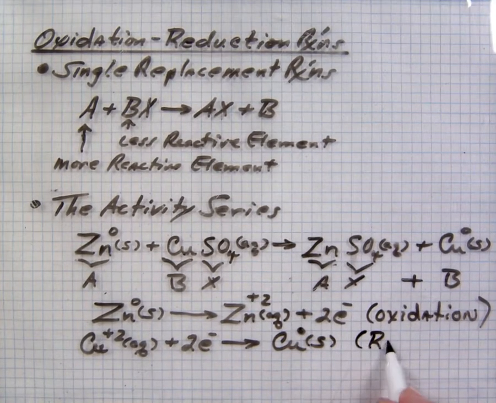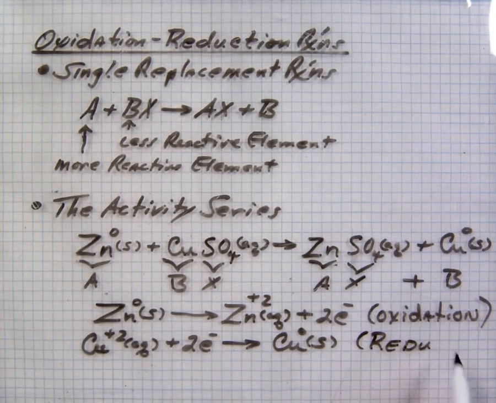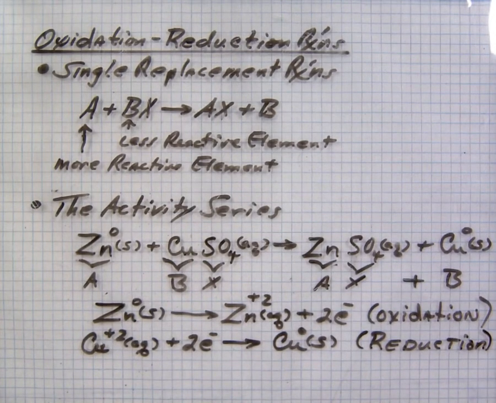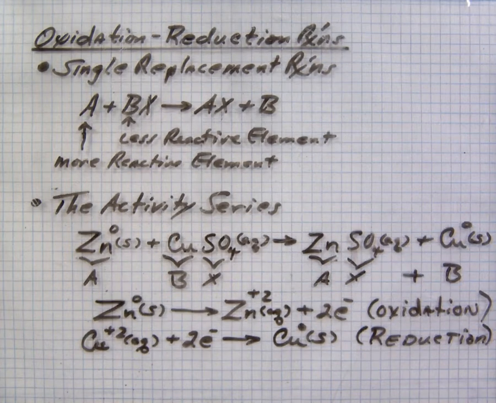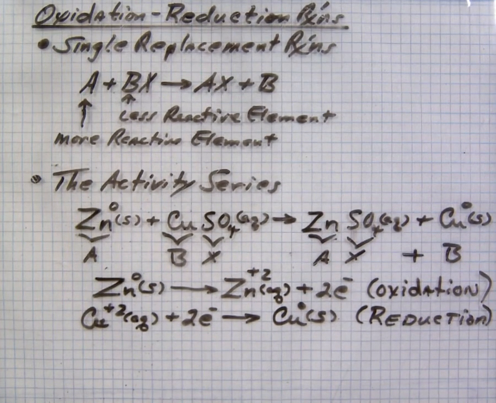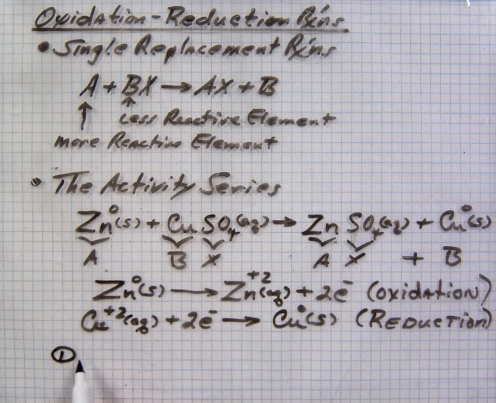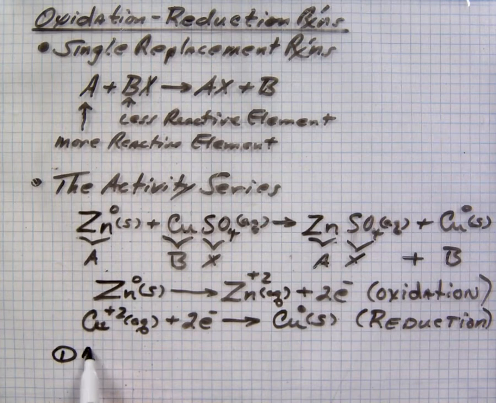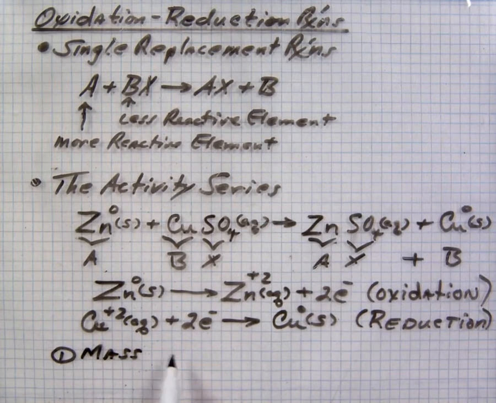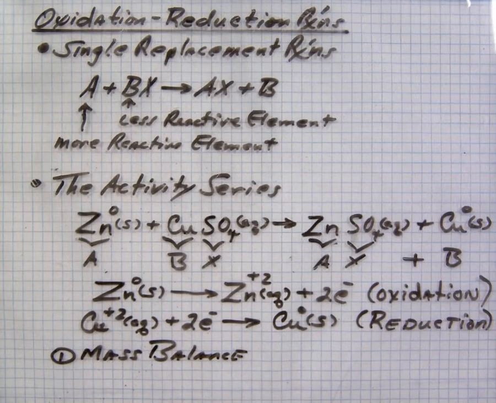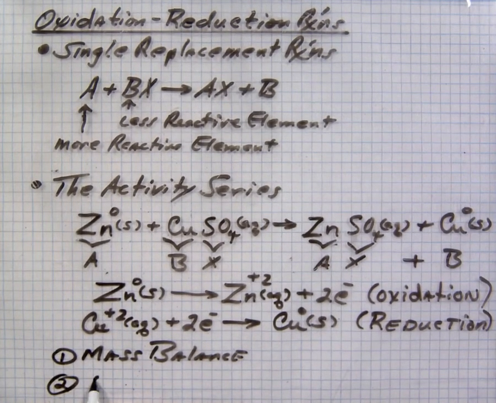This is reduction. In an oxidation reduction reaction, two issues certainly have to be accounted for. One, you must have a mass balance, and two, a charge balance.